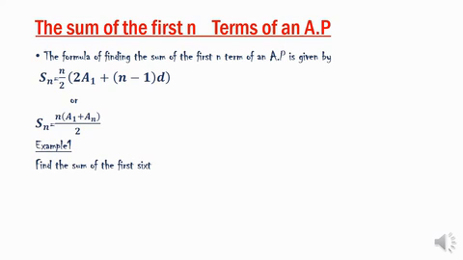Find the sum of the first 16 terms of the arithmetic progression. You see, our series is 3 plus 10 plus 17 plus dot dot. That is our series.